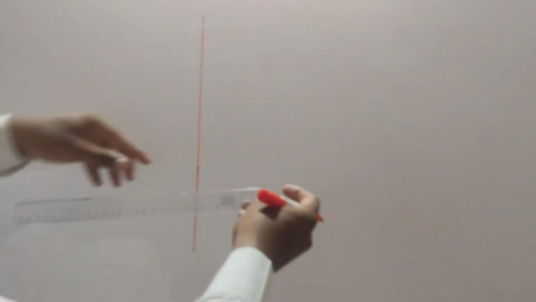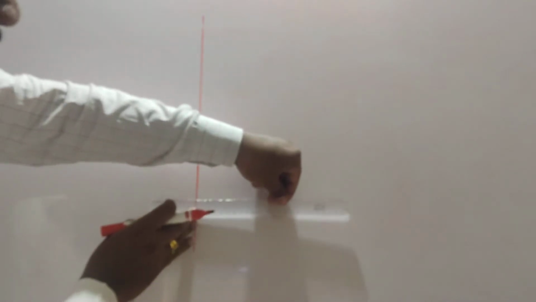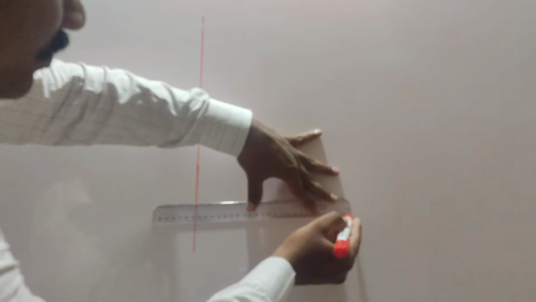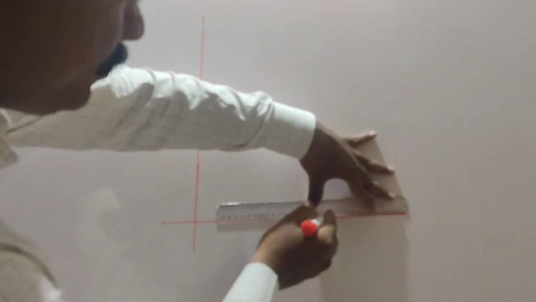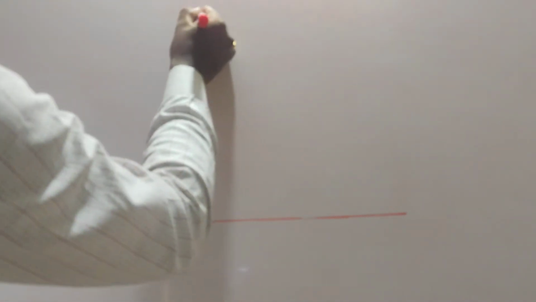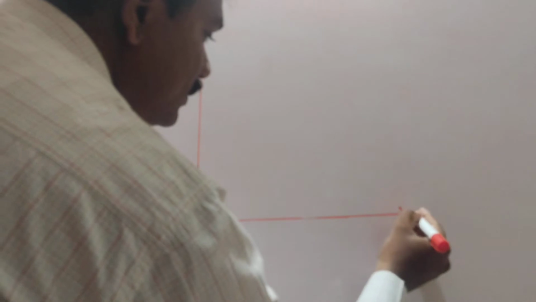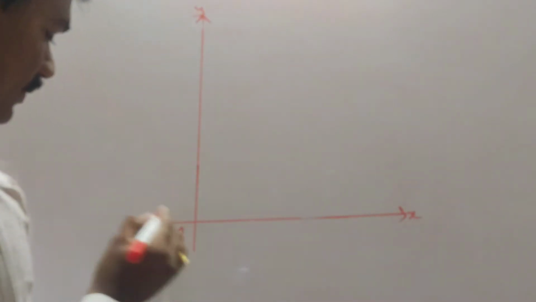First we draw the x-axis and y-axis, and then plot the quantity demanded and prices on the axes.